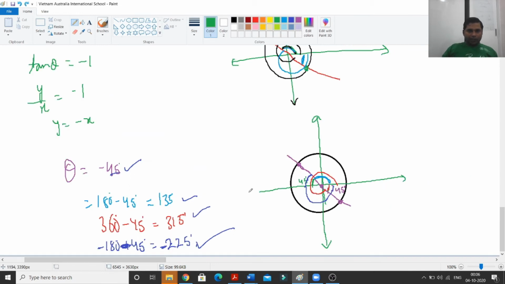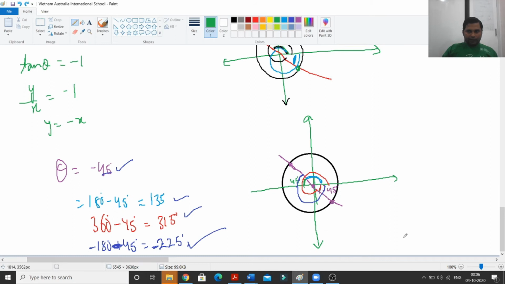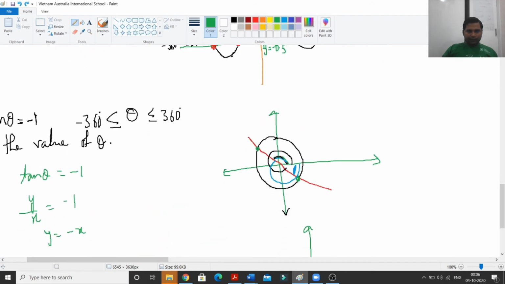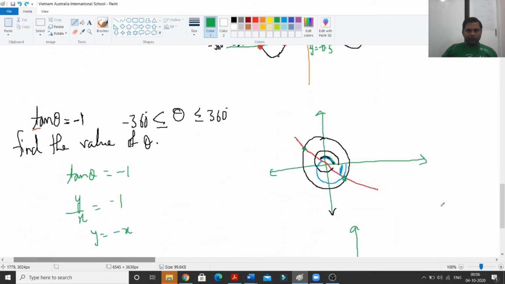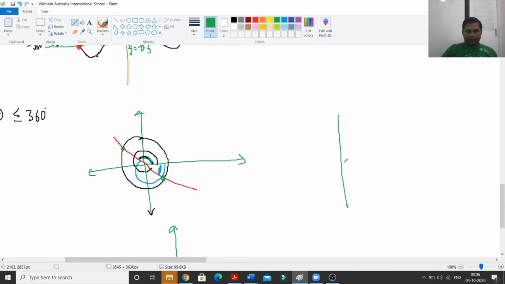We can find the answers using the graphical method as well. Let me show you the graphical method. We'll sketch the tan theta graph between minus 360 and 360.